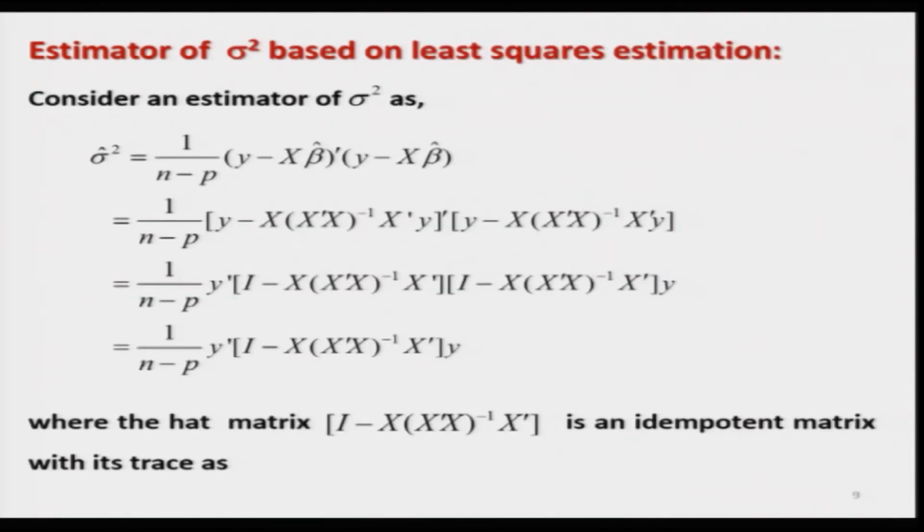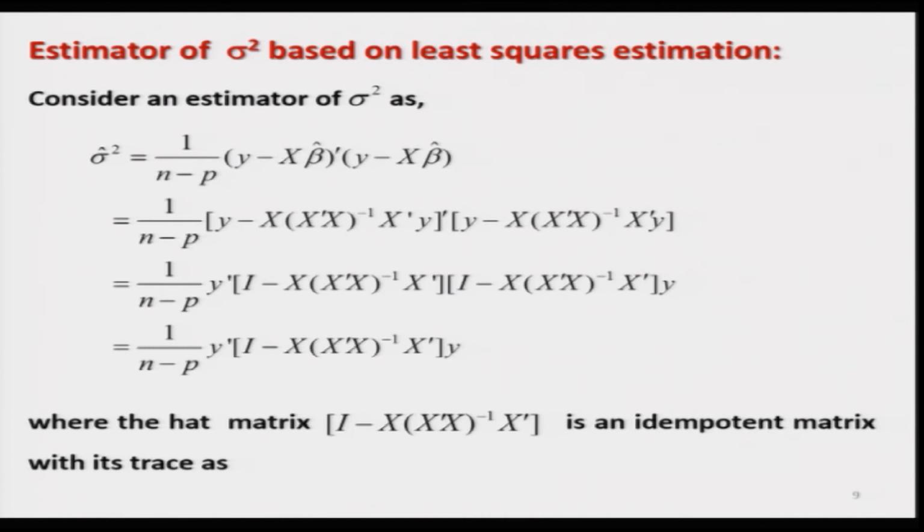Right. Now, I take up another issue. I consider here the estimation of sigma square. Sigma square is a parameter, so sigma square can also be estimated by different estimation procedures. In the linear model y equal to X beta plus epsilon, we are going to estimate the parameters beta and sigma square, and we are going to use two approaches.